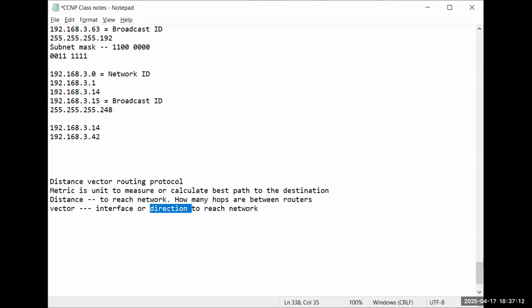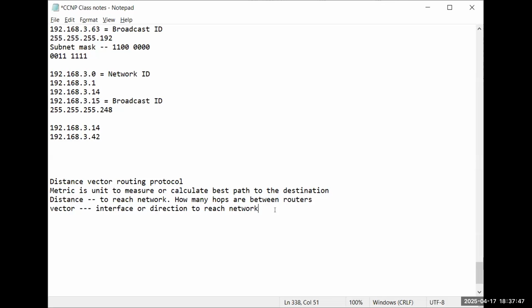Based on this information being shared between the routers, it's going to store all of it in the local routing database. Whenever it receives any router information, it saves it in the local routing database.